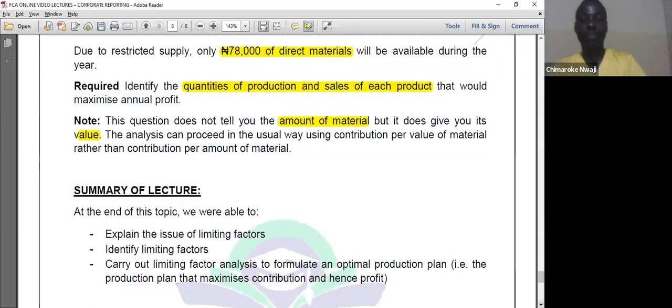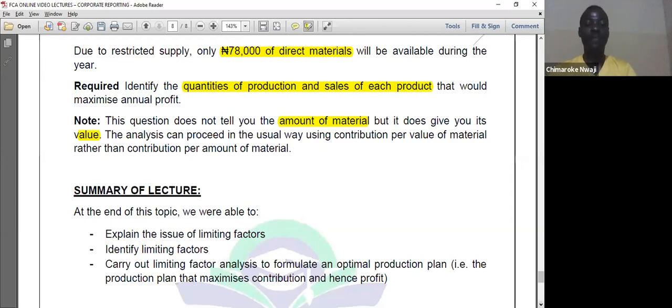Summary of lecture. At the end of this topic, we were able to explain the issue of limiting factors. We say that limiting factors are that factor of production that different products are competing for. They are scarce in supply, and as a result of their scarcity and their importance, it became a limiting factor, because if something is not scarce, it's not important.